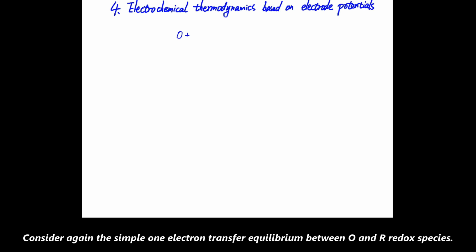Having understood the origin of electrode potentials both chemically and mathematically, we then discuss electrochemical thermodynamics simply based on electrode potentials. Consider again the simple one-electron transfer equilibrium between O and R redox species.